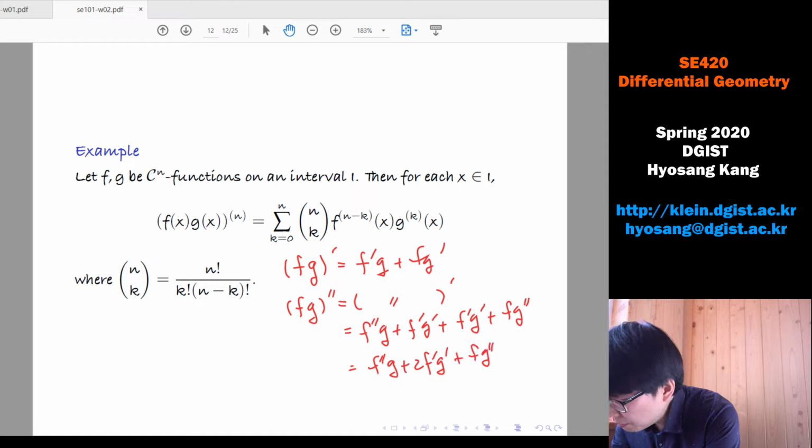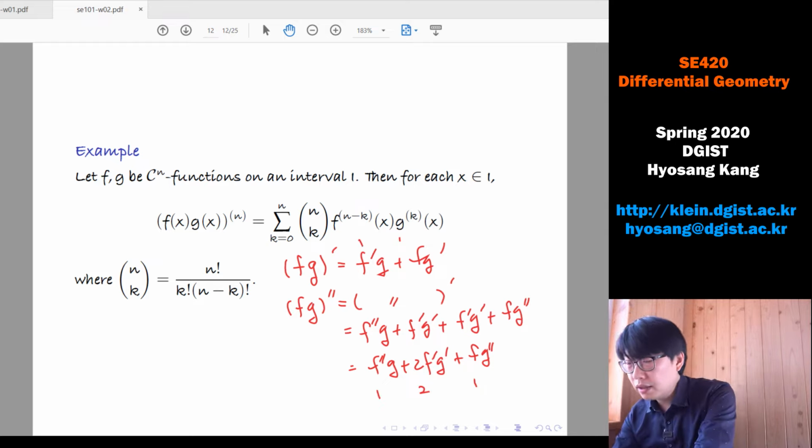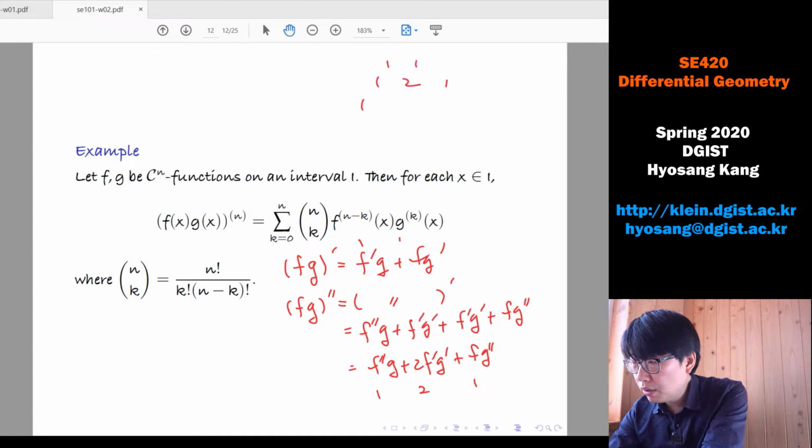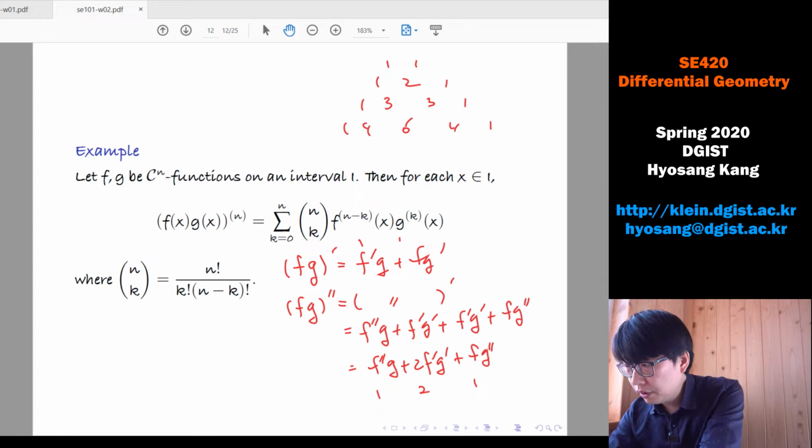So we have coefficients 1, 2, 1. Here 1, 1. This is like a binomial expansion. We have 1, 1; 1, 2, 1; 1, 3, 3, 1; 1, 4, 6, 4, 1; and so on. This is for first order, second order, third order, fourth order.